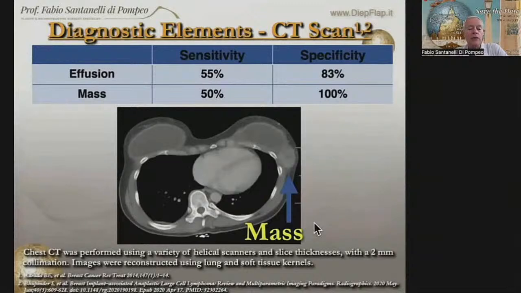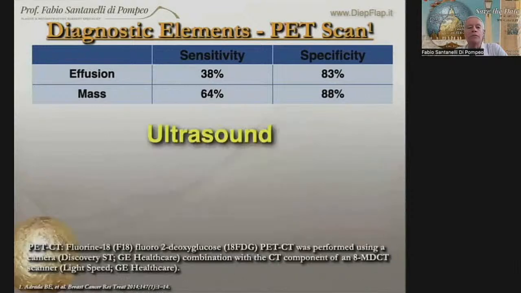And the real value is in detecting this locally advanced mass forming from the disease, which can later invade the chest wall, which is the most important in order to understand the limit of the dissection.